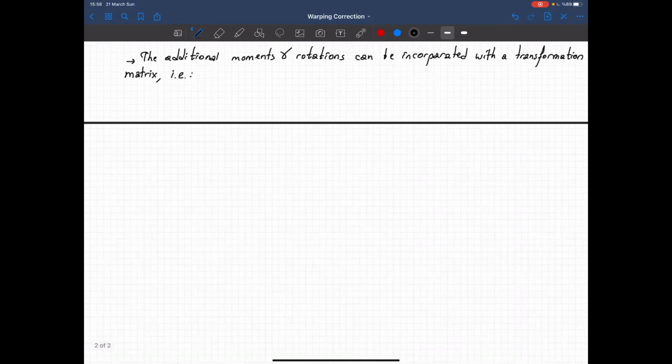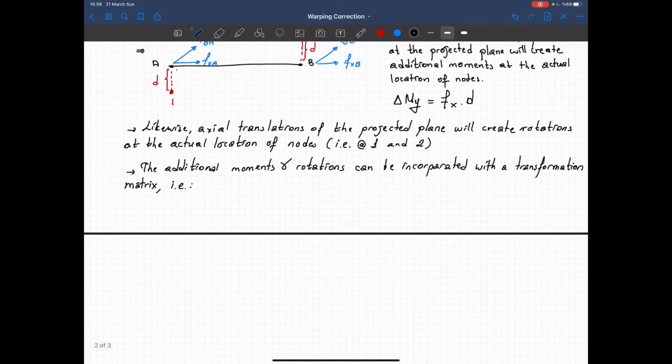Now I will write the relationship with forces as follows. So F 1, 2, 3, 4. So this represents that F in the actual locations of the nodes will be equal to a transformation matrix multiplied by the F at the projected plane.